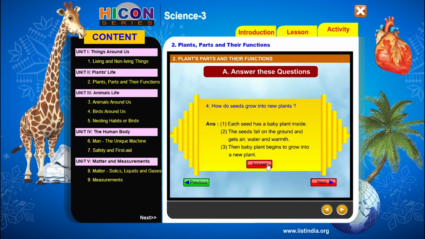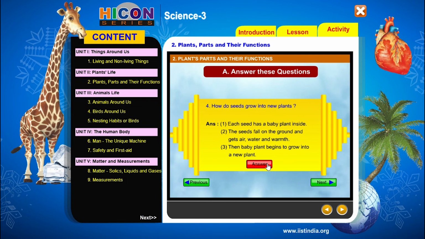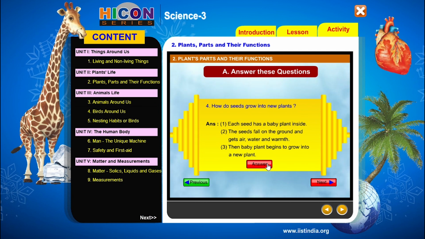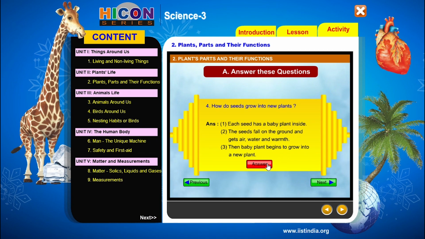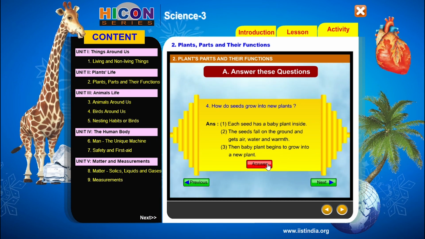So if the seed falls on the ground, it will go into the ground and get air and water and warmth. When water enters the seed, the baby plant gets life and it will grow into a small plant, and a small plant will come out from the seed.